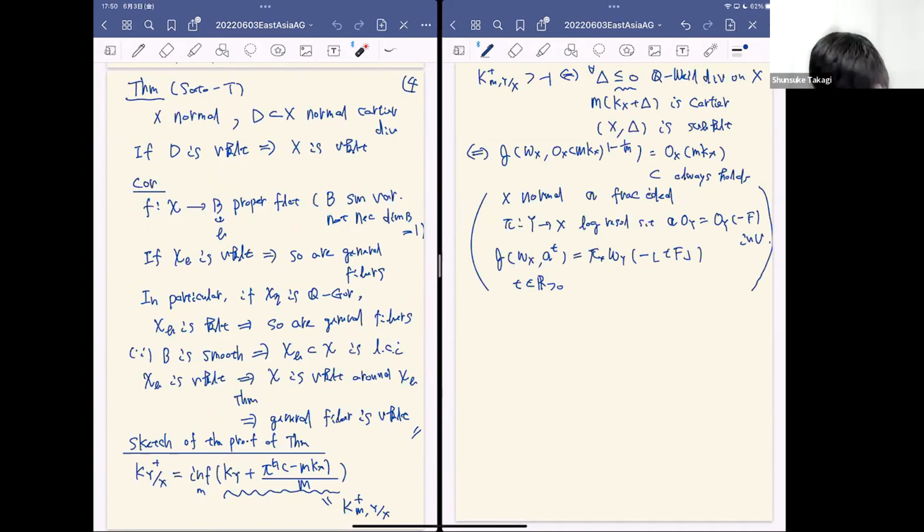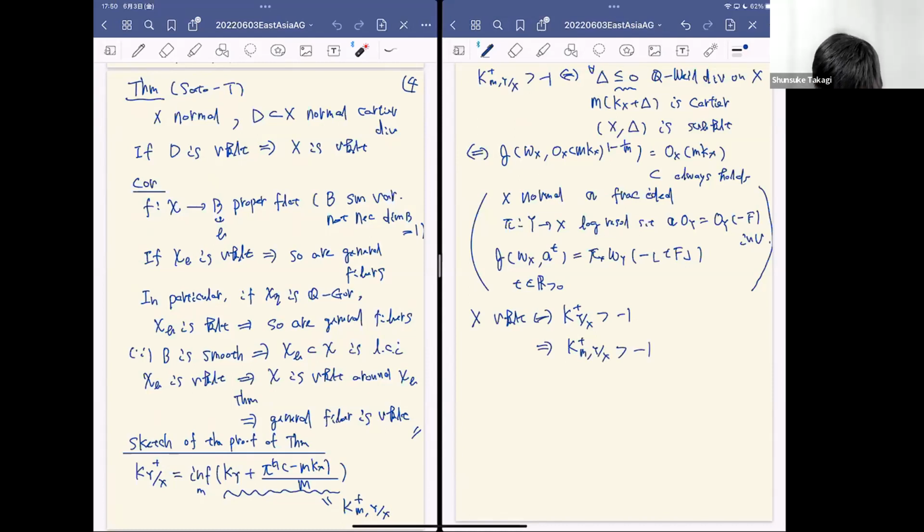So then if X is variative KLT, by definition this means K plus is greater than -1, and then this implies K plus m is greater than -1.